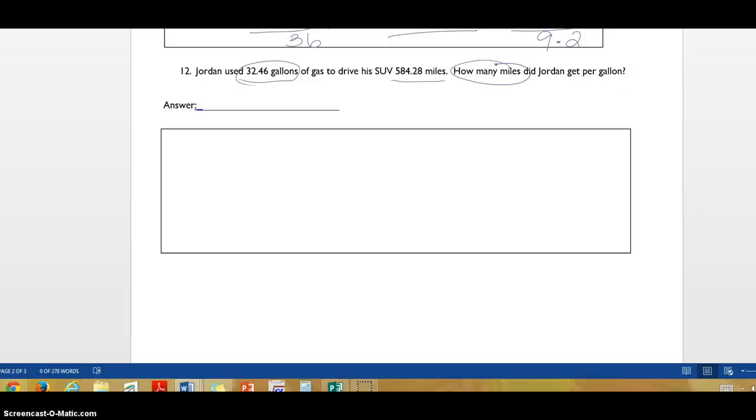So what you actually do is you take your total miles driven, 584.28, and you're dividing that by the amount of gallons that you had in your car, 32.46 there. Now again, since our divisor has a decimal, we need to swoop that over twice to the right.